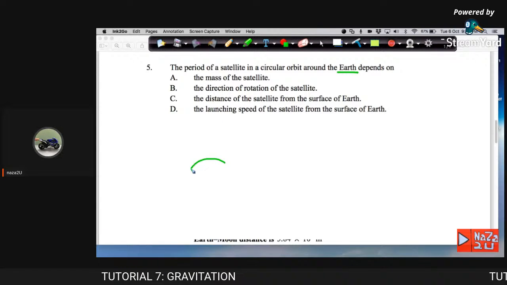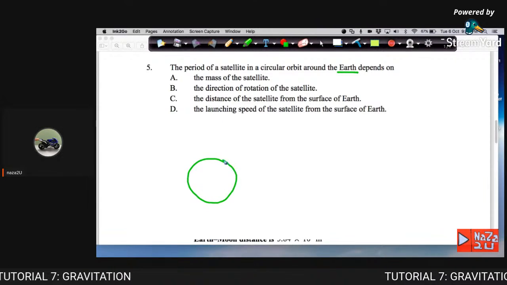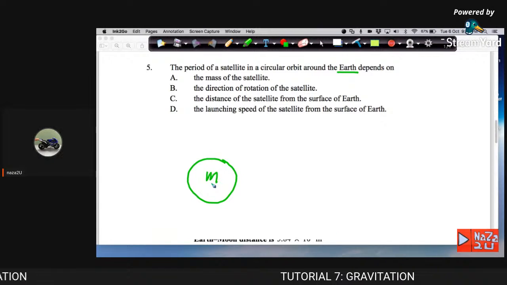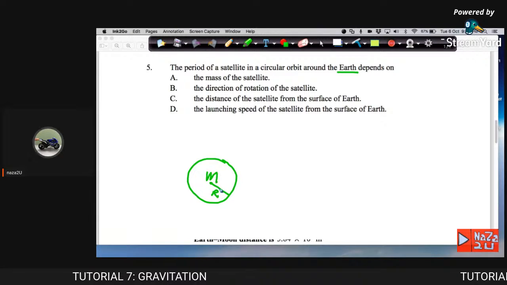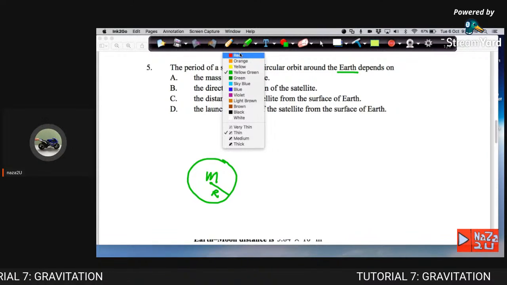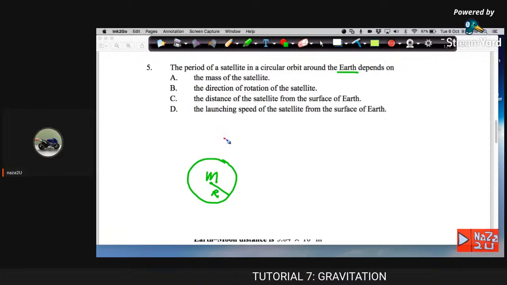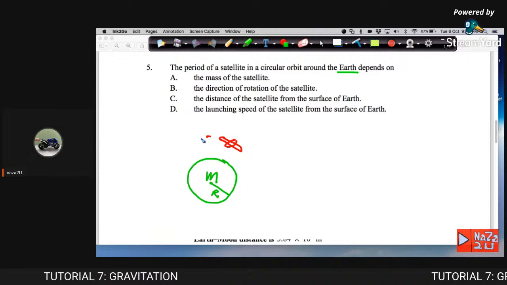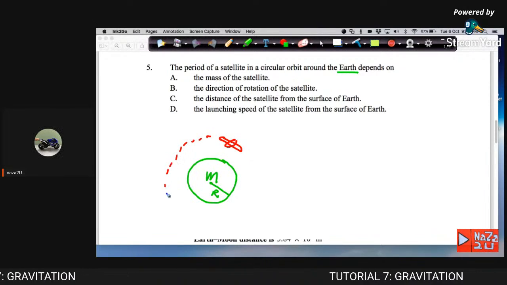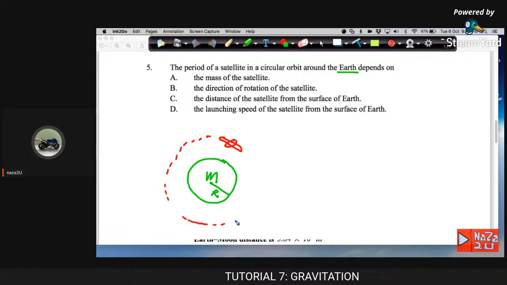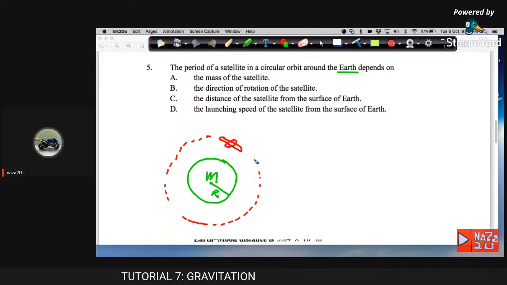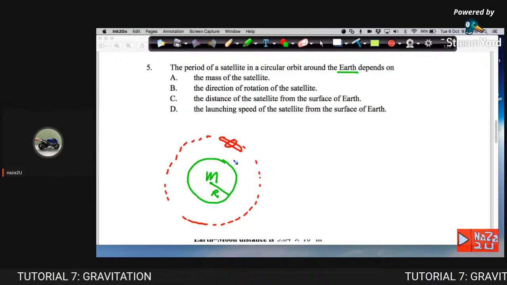So semalam juga kita dah bincang, kita katalah permukaan bumi, mass of the Earth, and this is radius of the Earth. This is constant, right? M and R. So now you launch ataupun kita letakkan satu satellite. Satellite is an object that moves in a circular path, mengelilingi bumi pada orbit yang tetap.